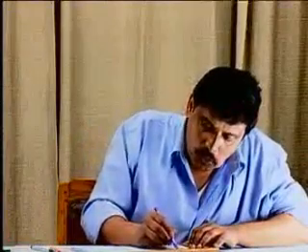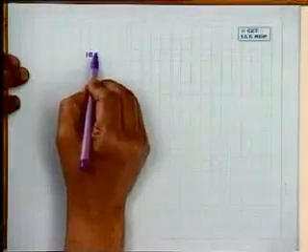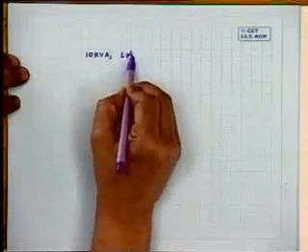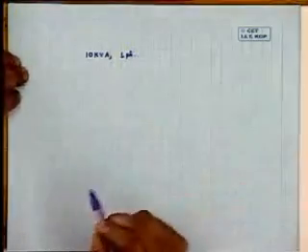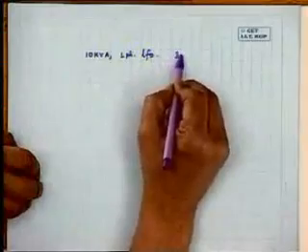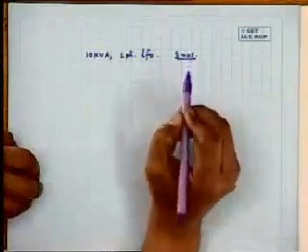Now coming to the advantage of this transformer with respect to three single-phase units, I will put it in this fashion. Suppose you have got 10 kVA single-phase transformers, 3 numbers.